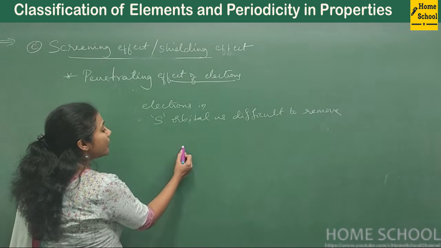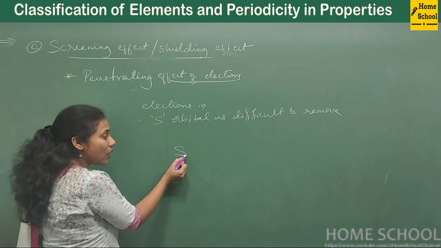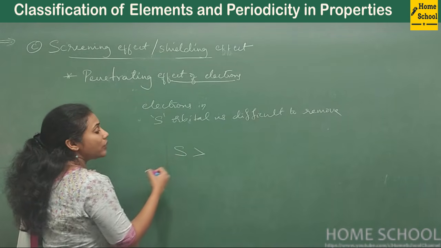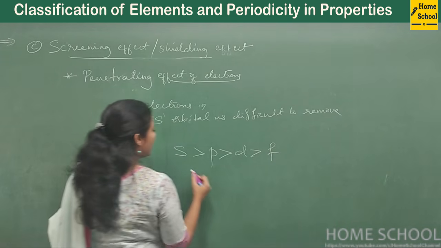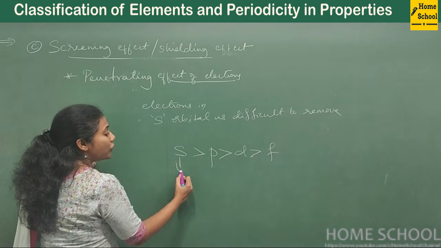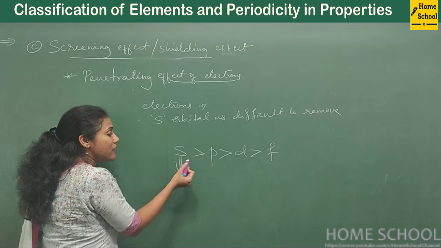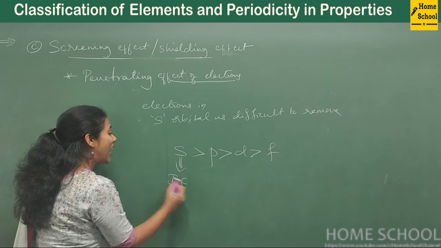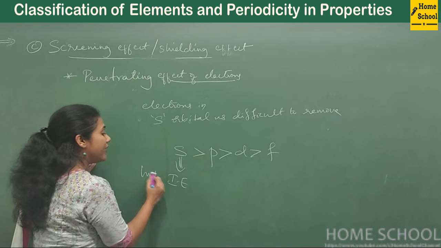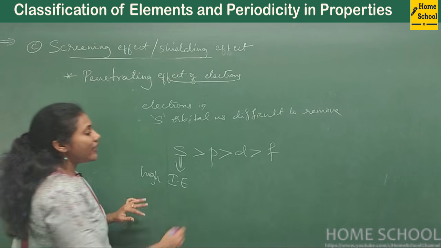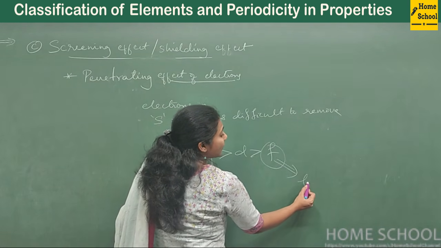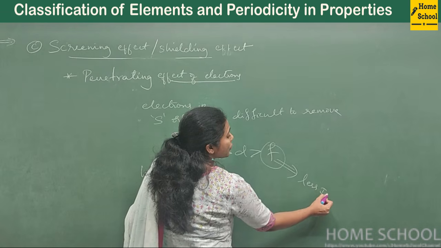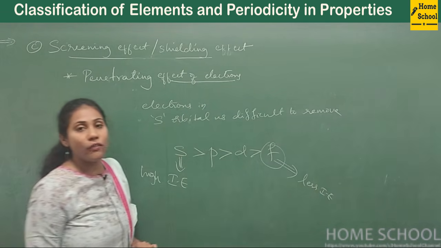Usually electrons of s orbital are more difficult to remove than p orbital, d orbital and f orbital. So if you want to remove any electron from s orbital, you require high ionization enthalpy. Whereas if you want to remove electron from f orbital, less ionization enthalpy is required.